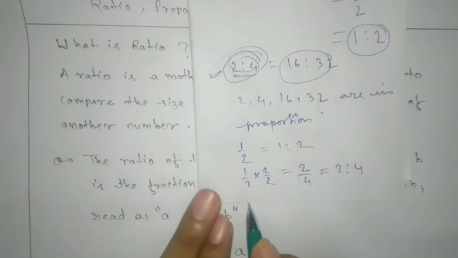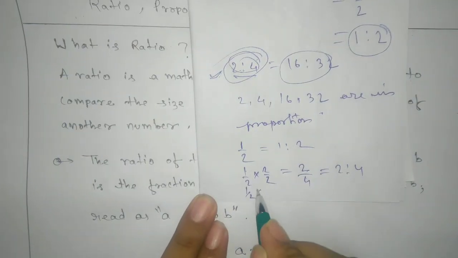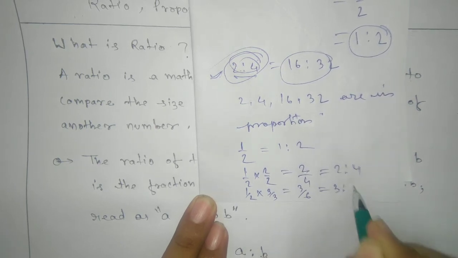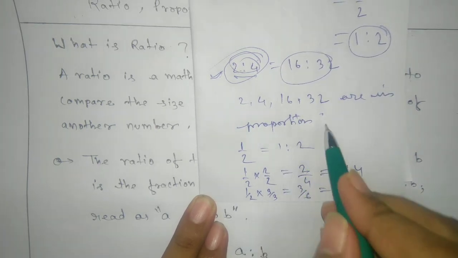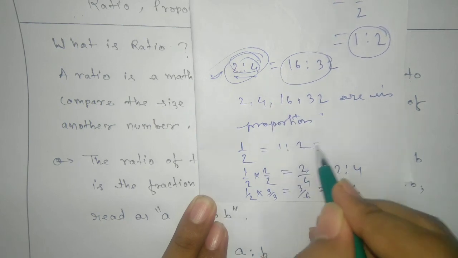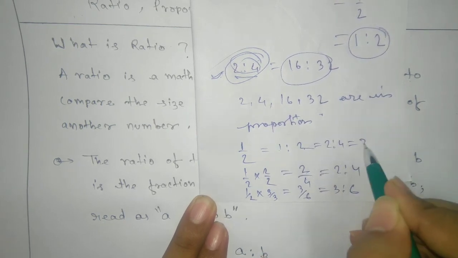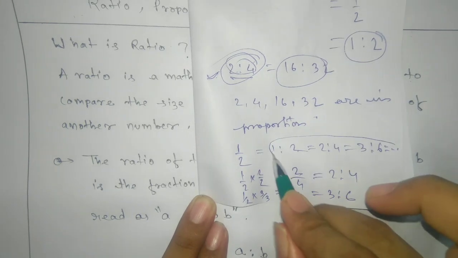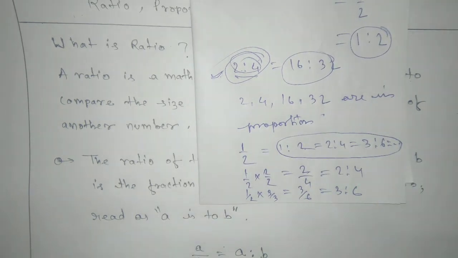If we take 1/2 and multiply by 3/3, you get 3/6, and this can be written as 3:6. That means 1:2, 2:4 equals 3:6, and so on. And these are all equivalent ratios. Hope you understood. Thank you.